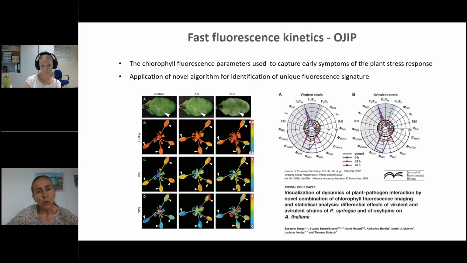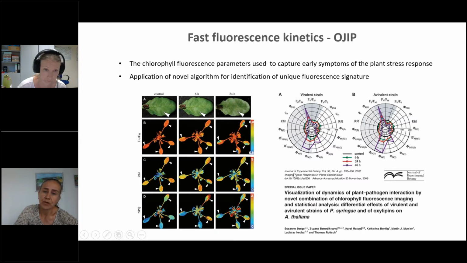And one example of how OJIP can be applied in studies where early symptoms of the biotic stress plant response were captured, is work from the group of Thomas Reusch. Here you can see Arabidopsis plants that were infected with virulent and avirulent strains.